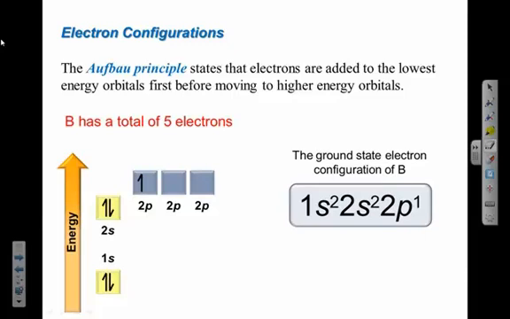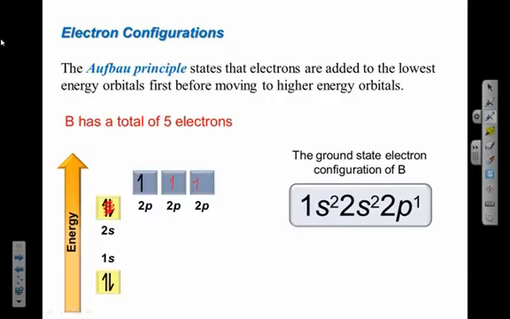Aufbau dictates what we should do with the electrons when we're putting them in orbitals that have different energies. Right, so Aufbau is just saying that I need to fill the 2s before I put any electrons in the 2p. So Aufbau says don't do this.